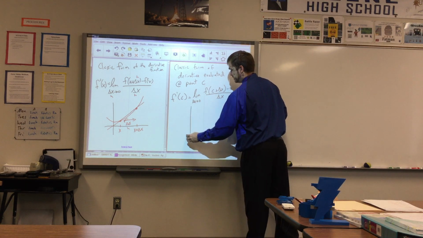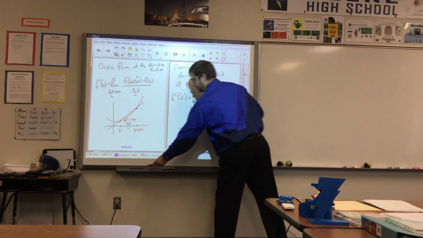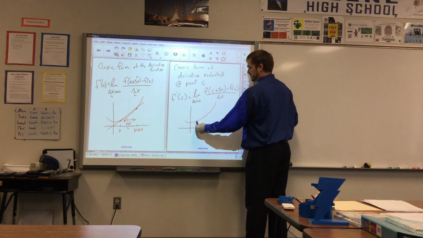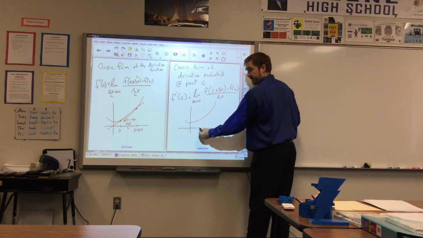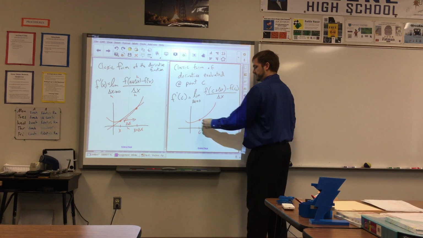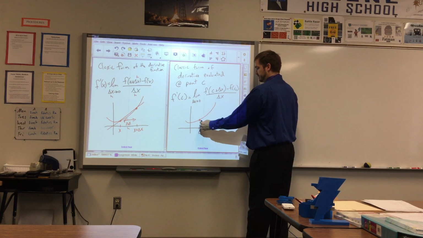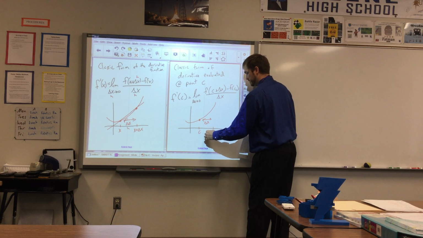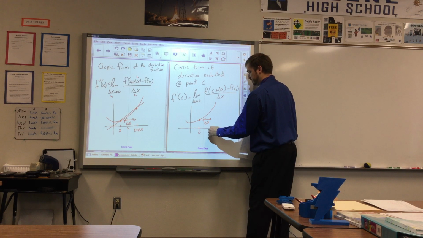And your picture is going to look almost identical, with the exception that instead of having some generic x here, we have a quasi-generic c. We have c right there, and then the distance between that and the other point is delta x, so therefore this is c plus delta x.